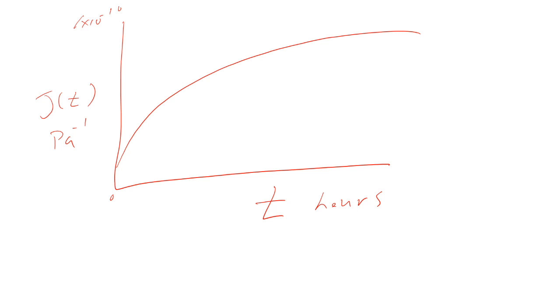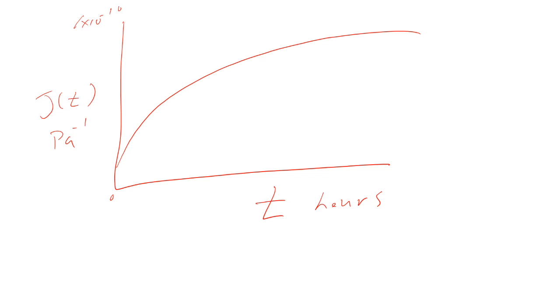So what do I mean by the relaxed modulus? The modulus at time 0 is the unrelaxed, the instantaneous modulus. That's when we first put our load on. Our system hasn't settled yet.